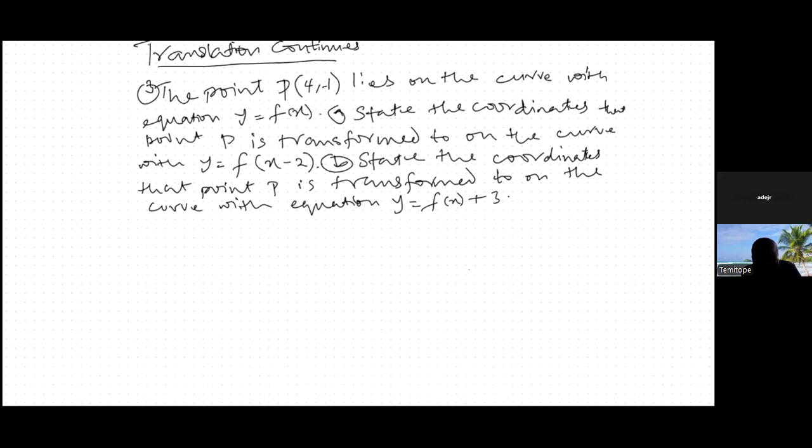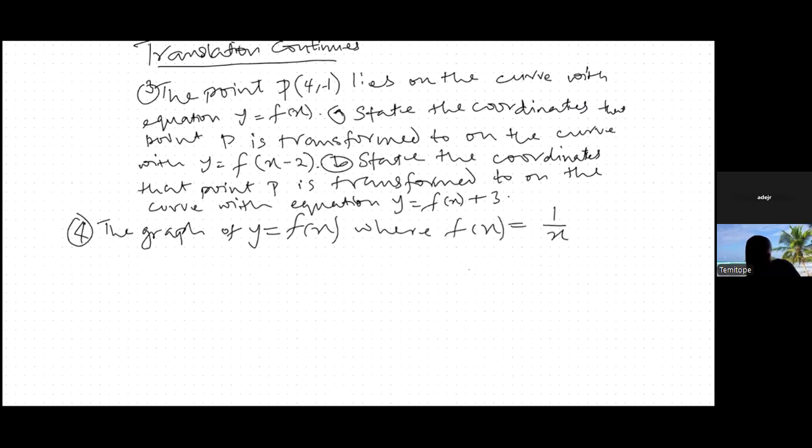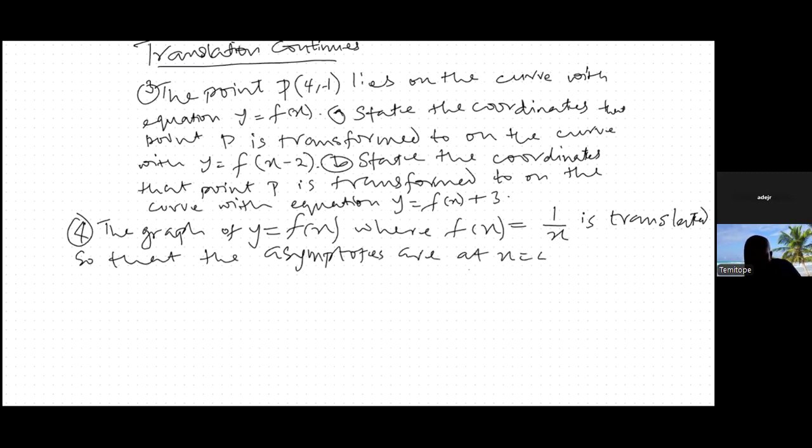Question 4 says that the graph of y equals f of x, where f of x equals 1 over x, is translated so that the asymptotes are at x equals 4 and y equals 0.